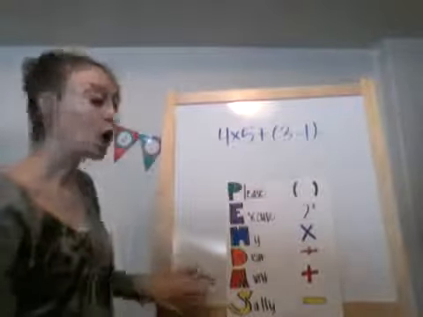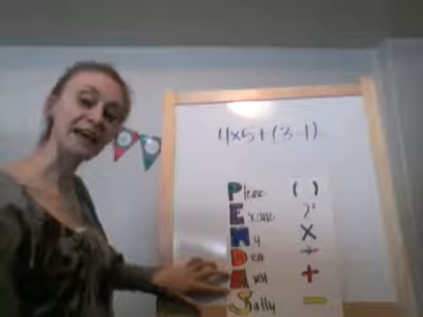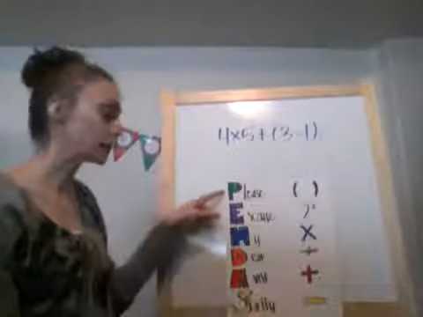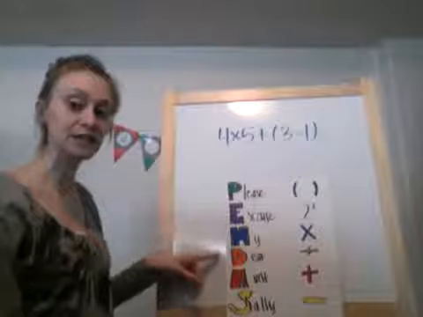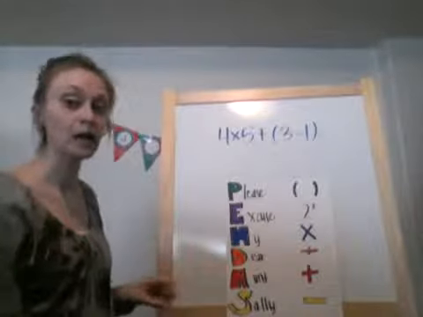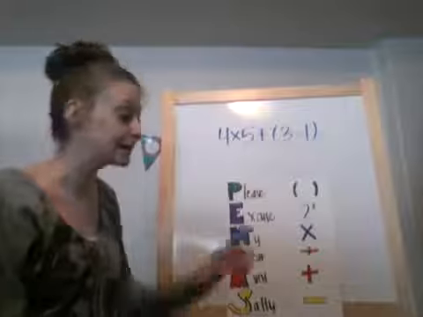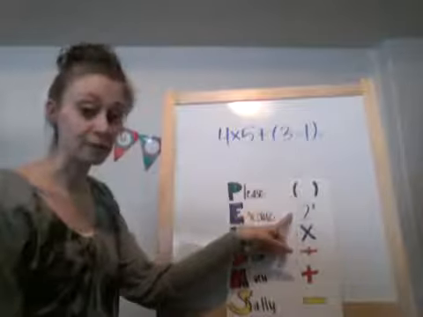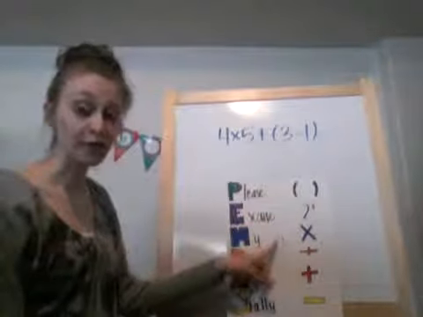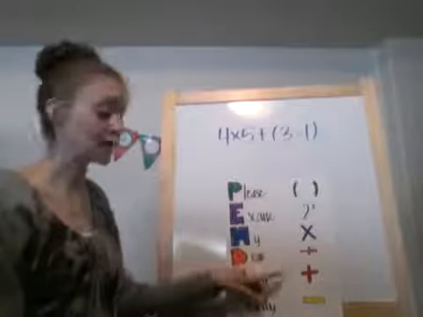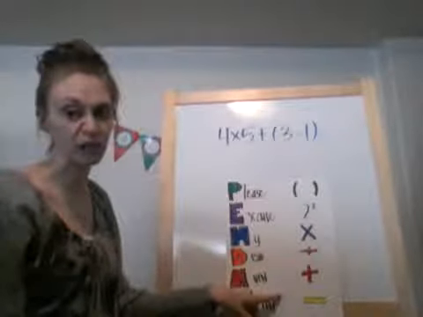Also, that's the same with A and S, addition and subtraction. Okay, so please excuse my dear Aunt Sally, which means our order of what we will do things in our equation is parentheses, exponents, multiplication or division, whichever one comes first, addition and subtraction, whichever one comes first.